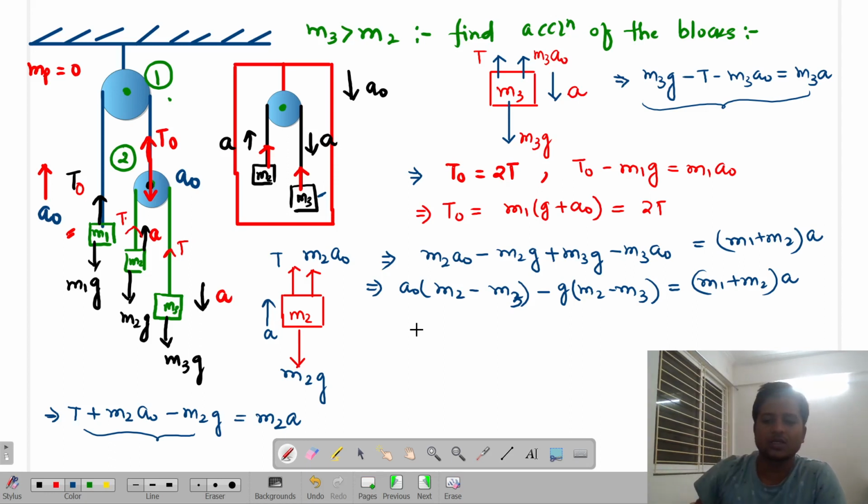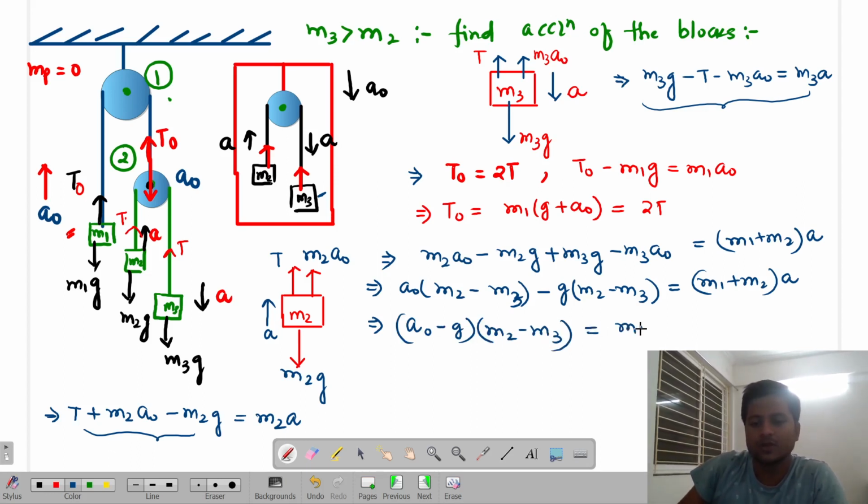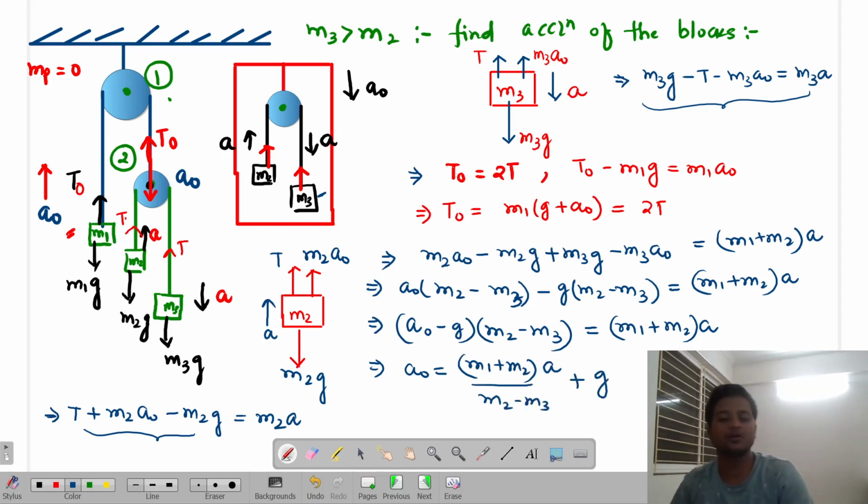We got a naught in terms of a over here, and that is a naught minus g, m2 minus m3 is equal to m1 plus m2 into acceleration a, and that's what your equation comes to, that a naught is nothing but m1 plus m2 into acceleration a divided by m2 minus m3, plus g. Are you able to get me or not?